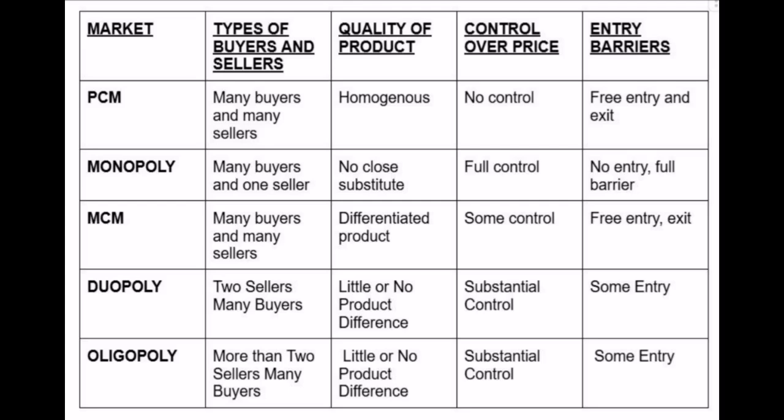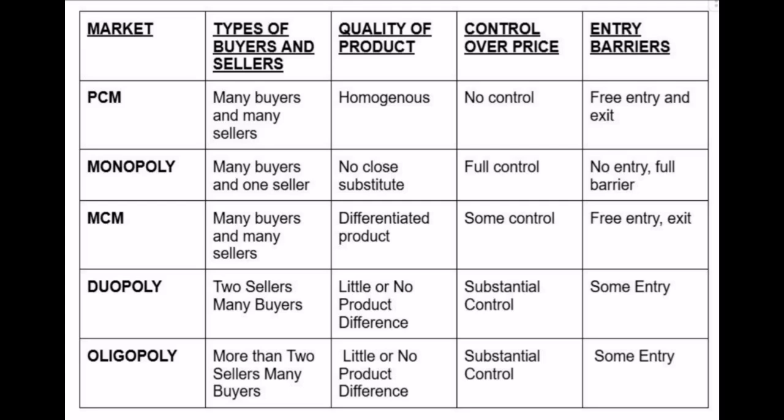This is the only product they will be selling, and they are the only price setters. So yes, there will be full control. Entry barriers: no entry, full barrier, because there is only one seller and there is some kind of syndicate, so there will be no entry and full barrier for other sellers.